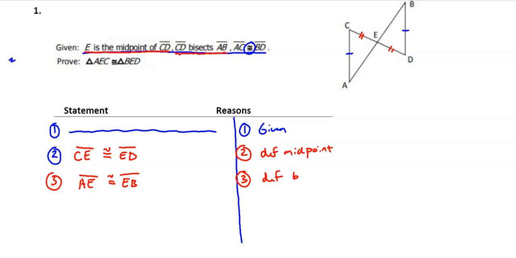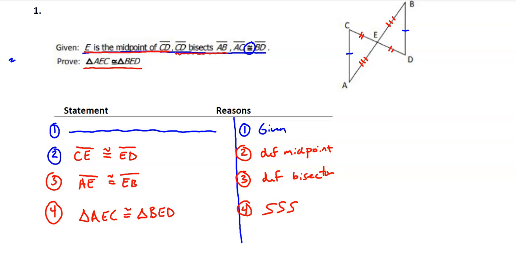So definition of a bisector. So I mark that. And really, I'm pretty much done now. I have three sides. So I'm going to go ahead and shut the proof down, and I'm going to say triangle AEC must be congruent to triangle BED. And my reasoning is side, side, side.